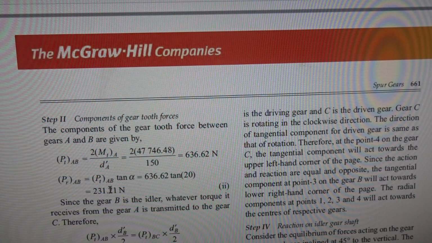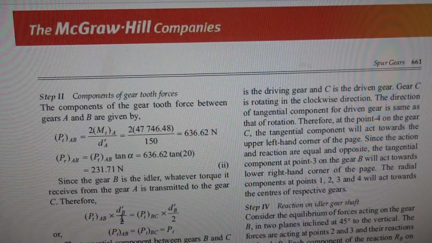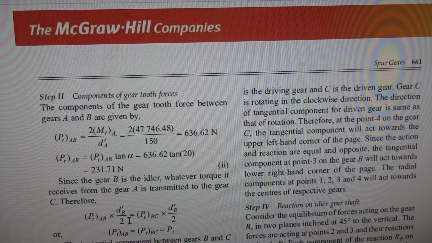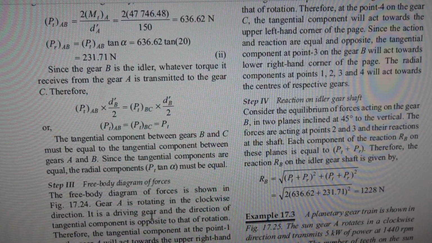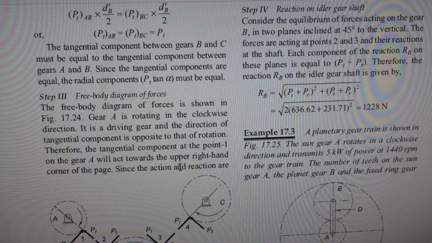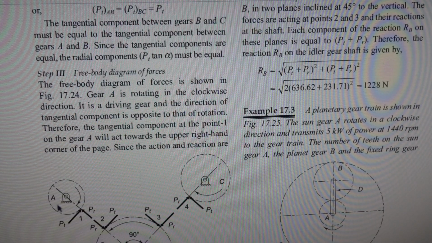PRAB is 231.71 Newton. PT AB is equal to PT BC, which is equal to PT. So when you know the PT, you can get the radial component, that is PT tan alpha. The diagram is shown here.